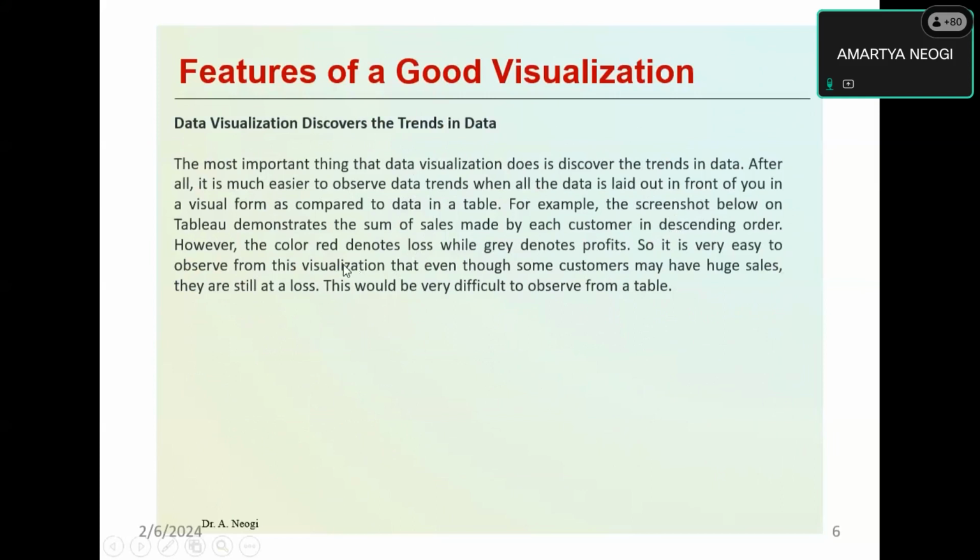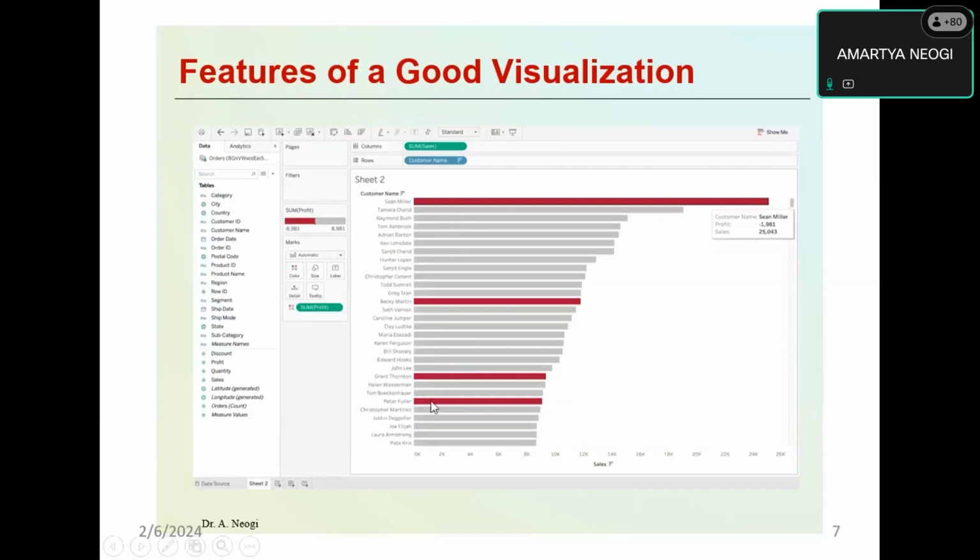The color red denotes the loss. This is one of the Tableau worksheets, where customer names are given and two colors are used, red and gray. The x-axis represents the sales volume. The first customer has the maximum sales volume, but is incurring a loss, because we have differentiated profit and loss with different colors.